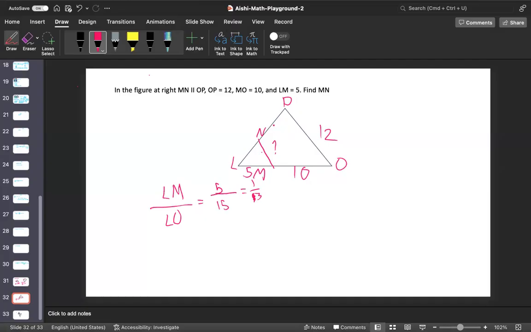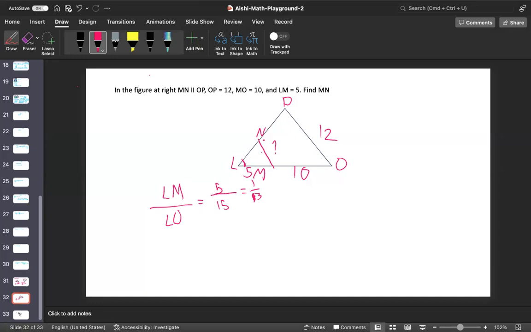So now let's use this side ratio to find MN. I know this because LMN is just the shrunk up version of LOP because we have the angle L which is in common.